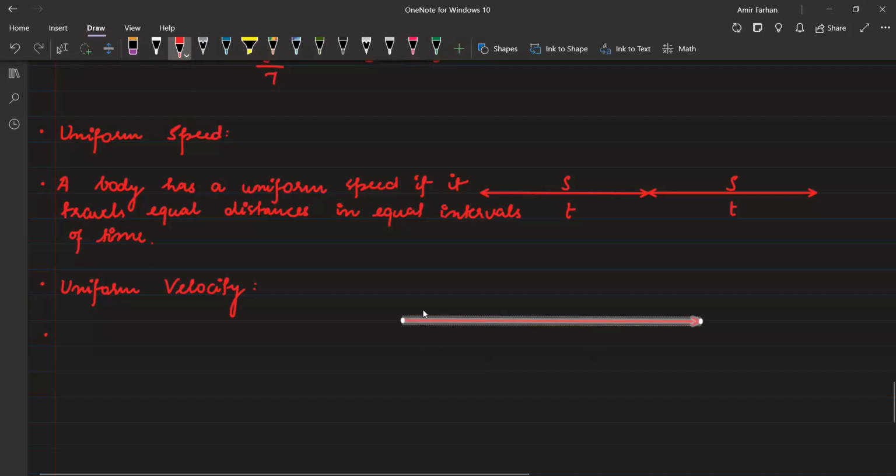The direction is given, and it is not changing its direction at all, and the speed is the same. It means equal distances will be covered in equal intervals of time in the same direction. Sami and Saad, is this clear? Yes, sir.